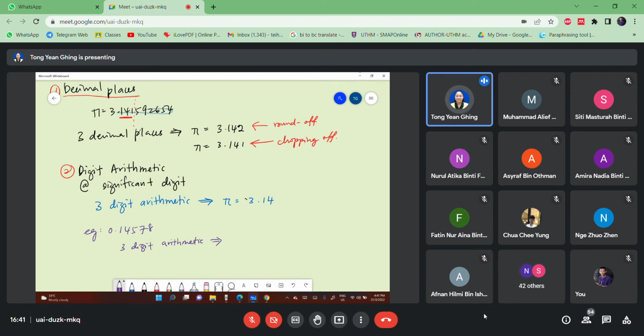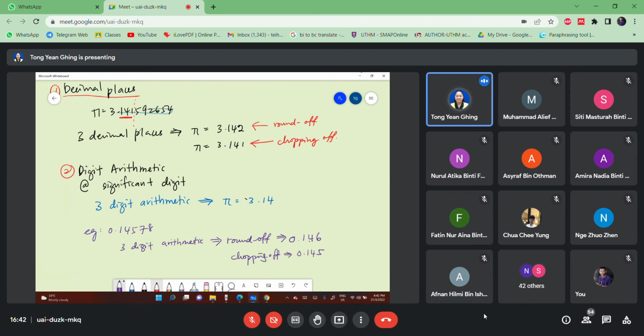So if I want 3-digit arithmetic using round off, it becomes 0.146. If it is chopping off, then it will become 0.145.